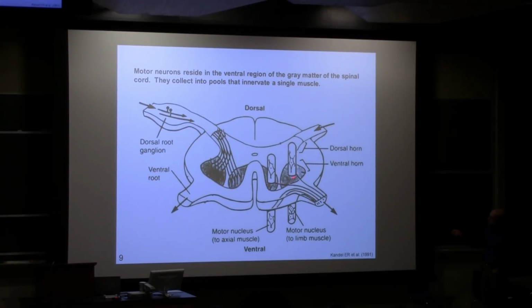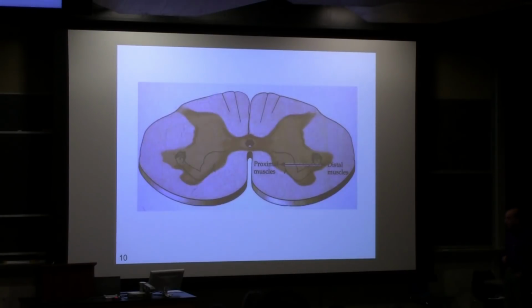So the ventral horn houses the motor neurons. So here are the motor neurons here, and they form these columns. The motor neurons consist of a cell body and an axon that then innervates the muscles. That gives you the ability to contract and to move.